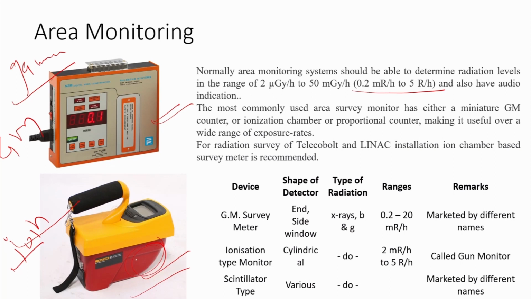So area monitors have some predefined alarms. Predefined alarms mean that at a radiation level which is harmful for a radiation worker as well as for the common public, this monitor starts alarming. For example, if by chance there is a mishap or accident and the radioactive source comes out of the shielding and remains out for a longer time, the radiation level increases.